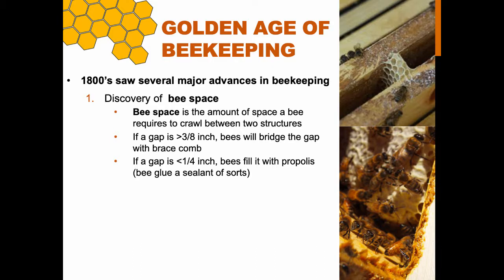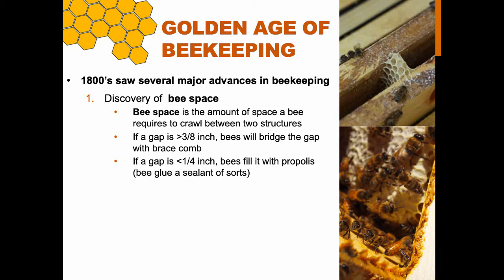During the 1800s, we saw some huge advances in beekeeping that allowed us to shift over to what we do now. And I'd say there are basically 3 major discoveries or technology advancements that allowed us to get there. The first of which is the discovery of what we call bee space. So bee space is a bit of an abstract concept, but the basic idea is bee space describes what bees do with spaces in the hive, depending on how wide they are.